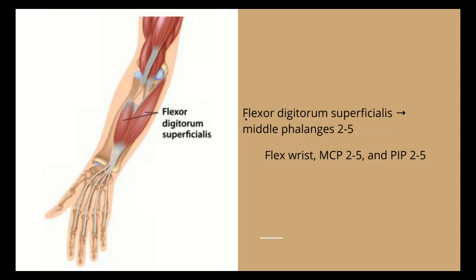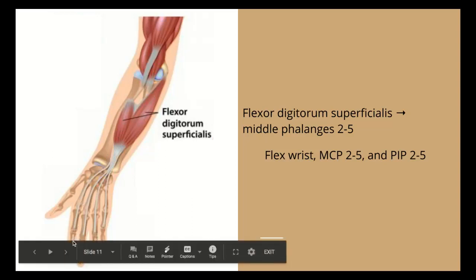But we have the flexor digitorum superficialis, which is going to be inserting on the middle phalanges of digits 2 through 5. My little bar is cutting it off there, but you can kind of see. So these are the metacarpals, remember? Metacarpal, and then phalange, and then phalange all the way down to the distal ones there.